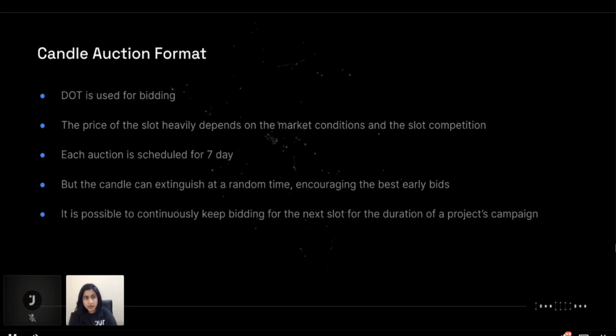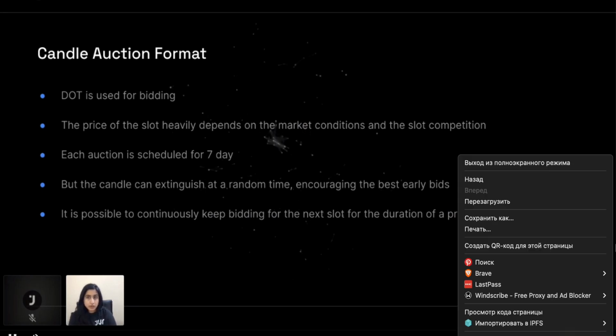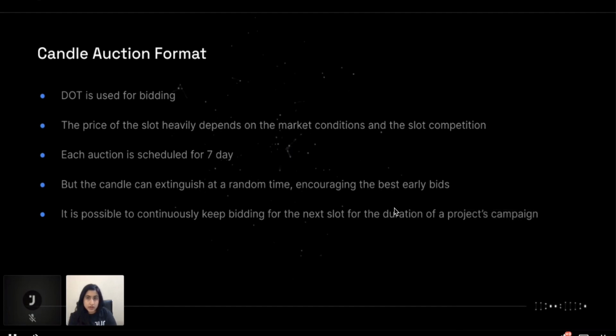When you as a community come and contribute to a crowdloan, you will have to do that in DOT. So you'll have to purchase DOT or unlock DOT or whatever, but it will be in DOT. So here, the native token of the blockchain will not be useful. We'll see later on how they become useful in this process. But for the action of bidding, only DOT will be used.